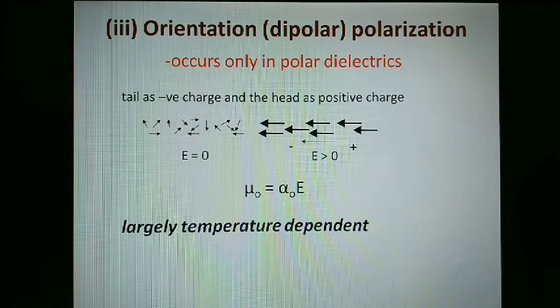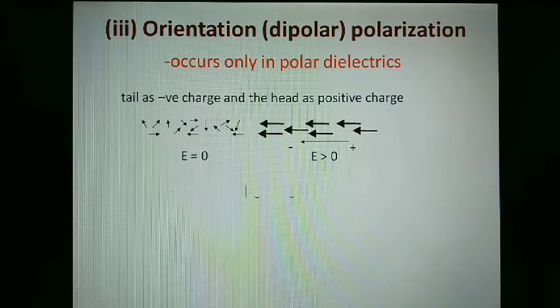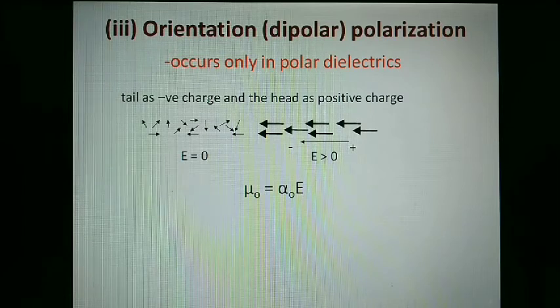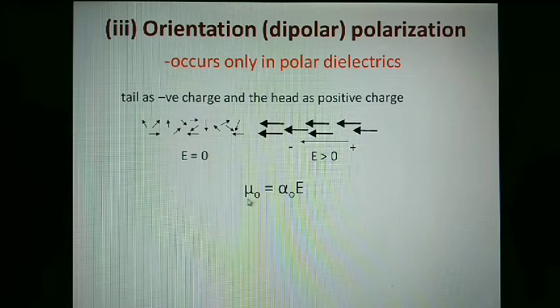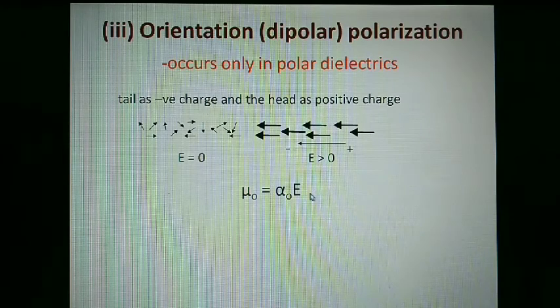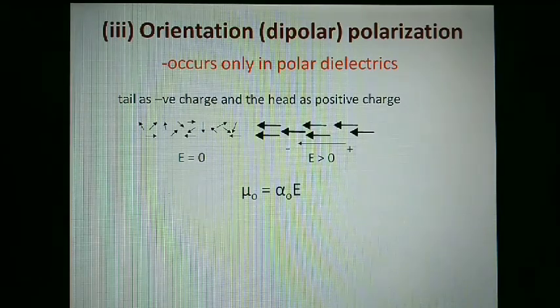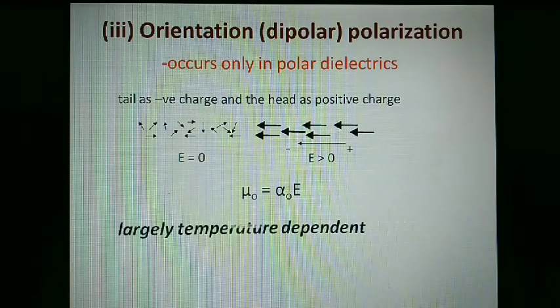And many different properties. In order to calculate the orientation polarizability alpha naught, a similar equation is used, that is, mu naught divided by E, or mu naught is equal to alpha naught into E. The uniqueness of this kind of dipolar polarization is that it is largely temperature dependent.